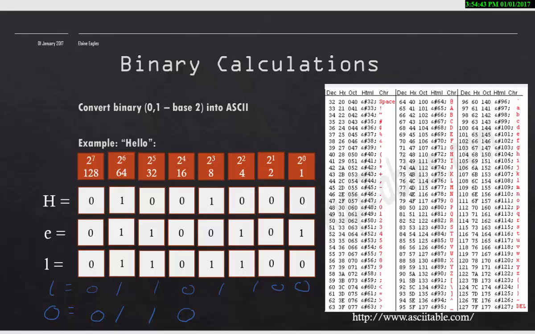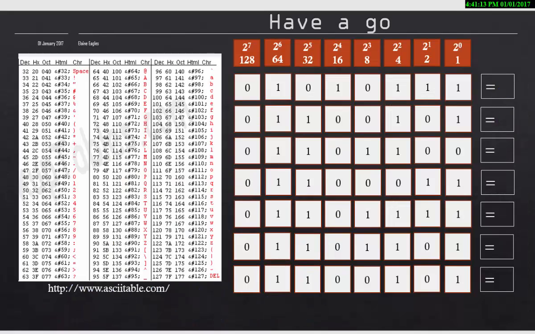So we've got 96, we've got an 8, which is 104, 108, 110, 111. That gives us an O. So 0, 1, 1, 0, 1, 1, 1, 1 gives us our 111. So that's hello.